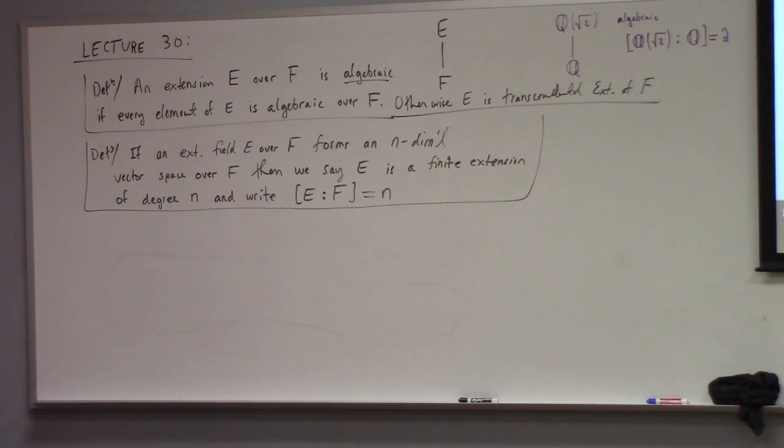Well, any rational number is algebraic over Q, because x minus that rational number is irreducible. And why is the square root of 2 algebraic over Q? Because it is a zero of x squared minus 2, which we've discussed today is irreducible.